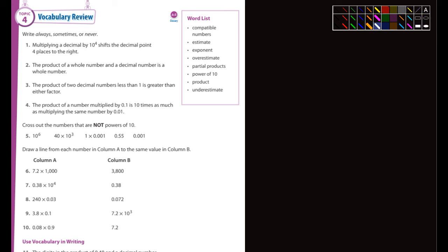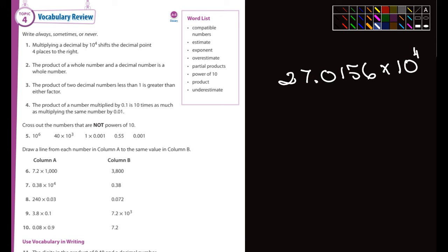How about 27.0156. All right. And if we multiplied that by 10 to the 4th, okay, that's the same thing as multiplying it by what? 1 followed by 4 zeros. 1, 2, 3, 4. That would be 10,000.